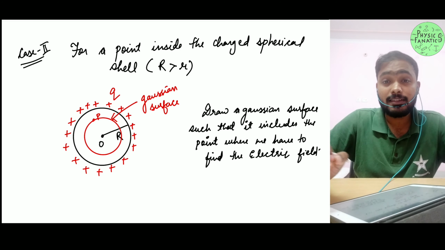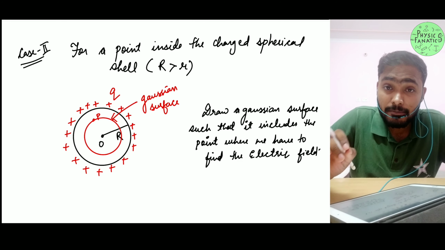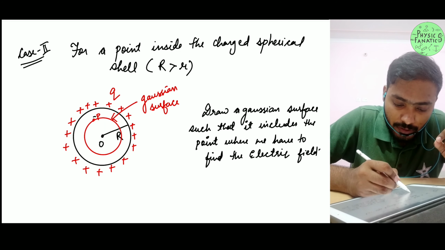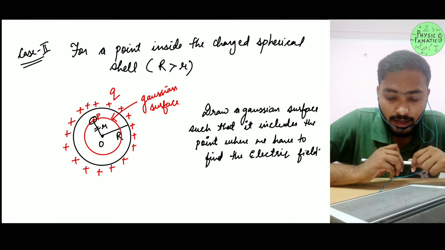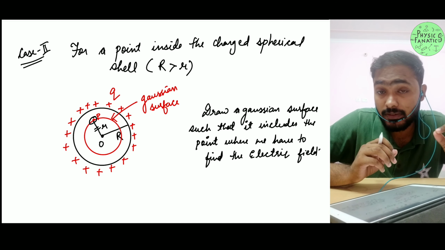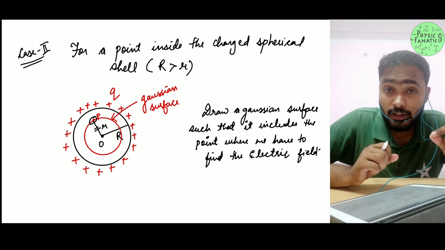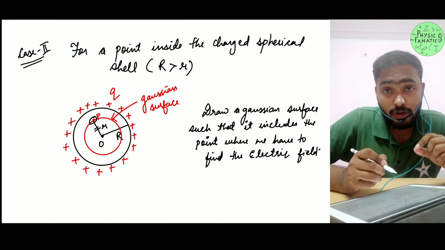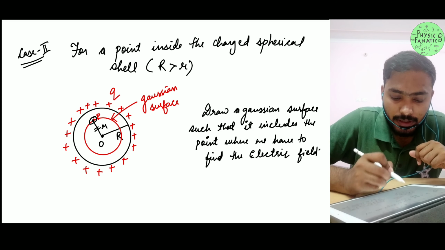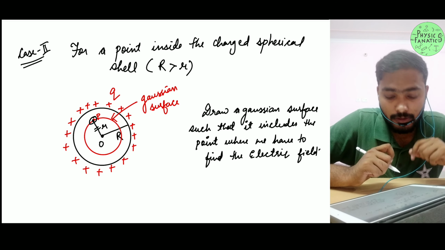Again, you are going to use the same principle. I'm going to assume a small area dA, and this is my distance r. Obviously the small r is where I have to find the value of the electric field, which is small r distance away from the center. So from point P to the center, the distance is smaller.